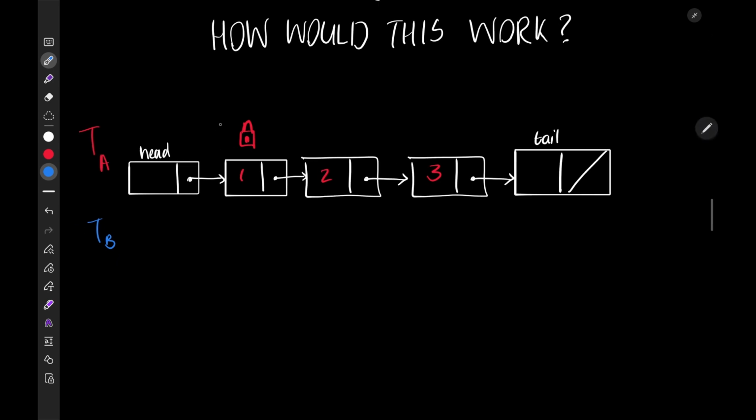All that matters is that thread A is not using hand over hand locking or lock coupling. So what could happen is that thread B or another thread could come, and what if thread B removes 2?